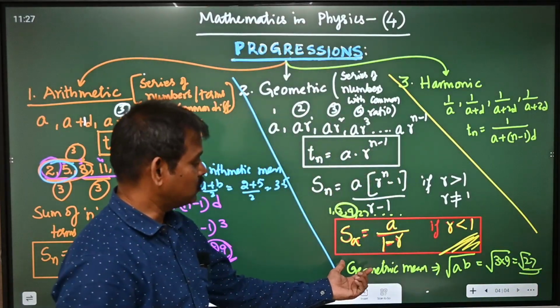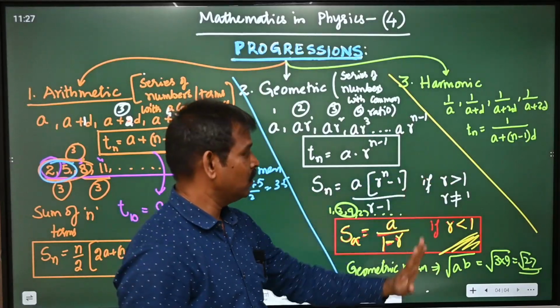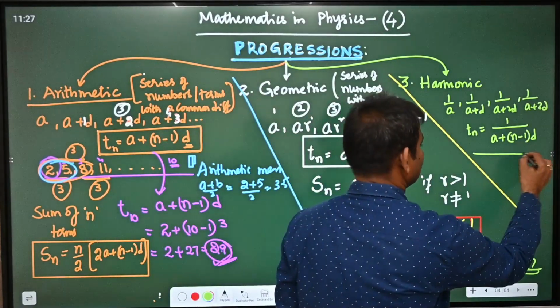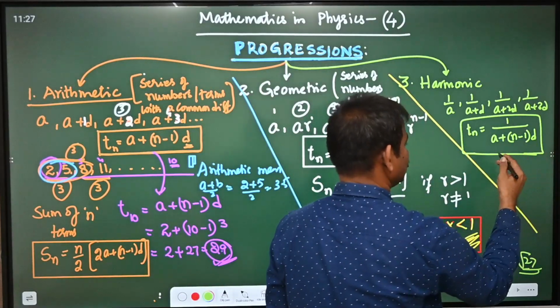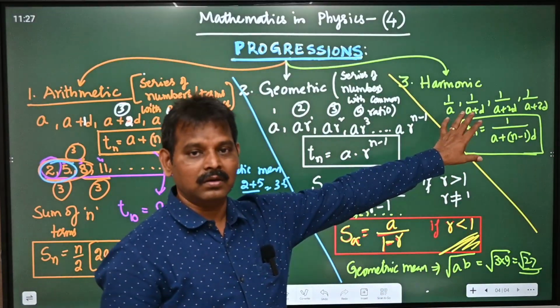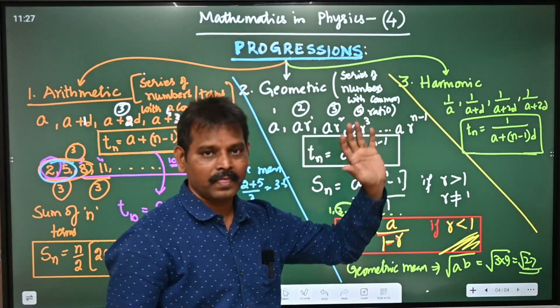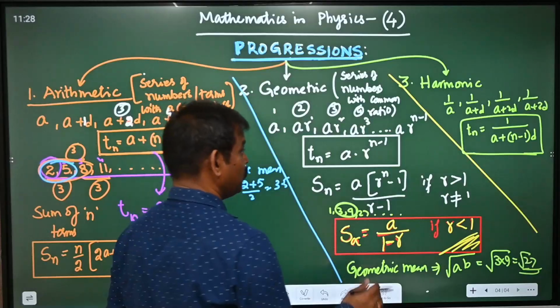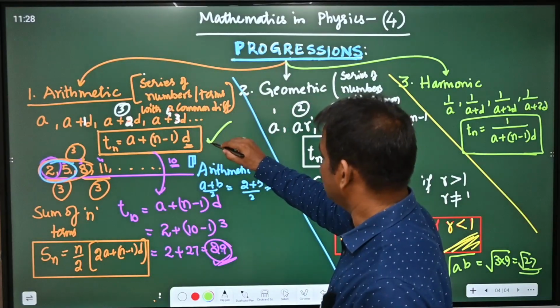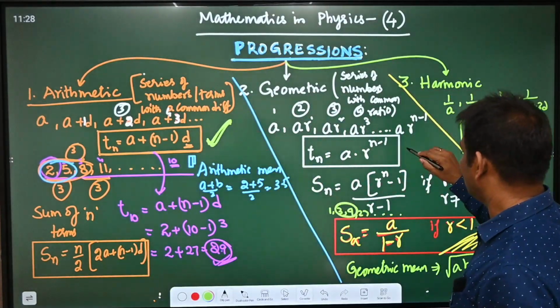This is how you can find the geometric term. So this is the nth term only, and here this formula is enough, and mostly we will not use this formula in mathematics, very rare.